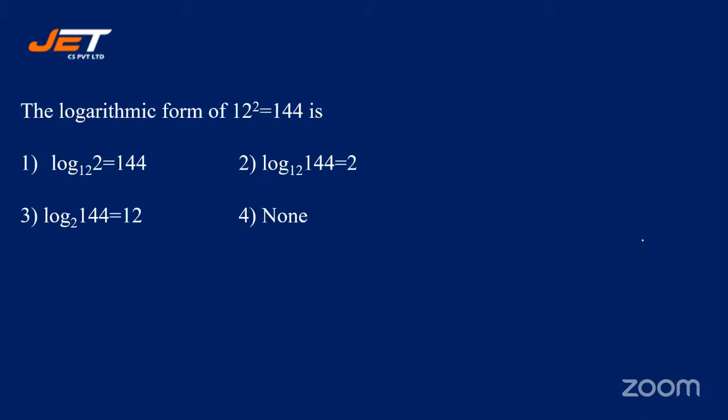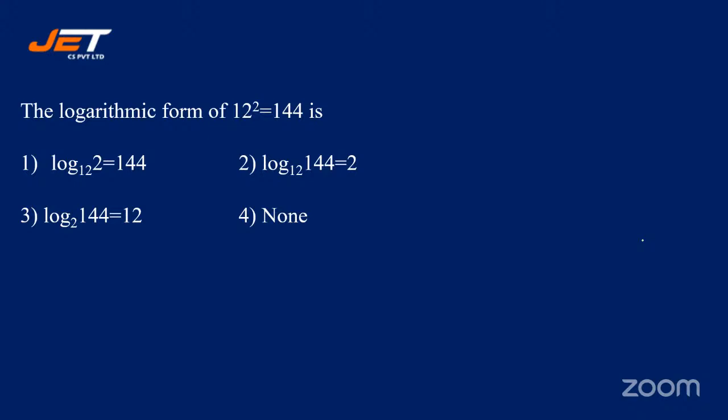See the next question. The logarithmic form of 12 square is 144. How can you write this? You can write this as option 1, option 2, option 3, or option 4. So 12 square is equal to 144. Right?